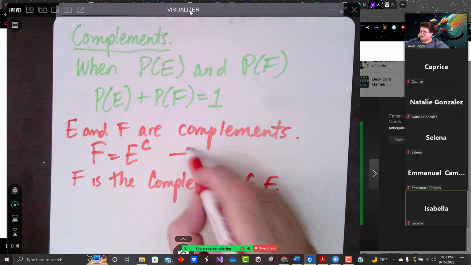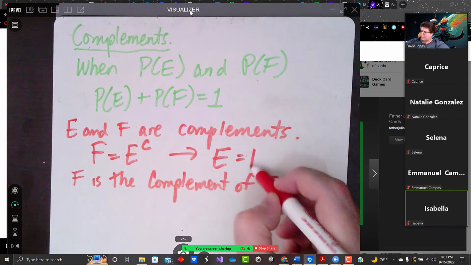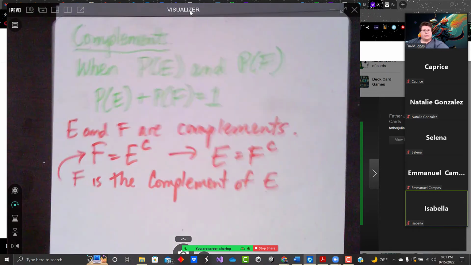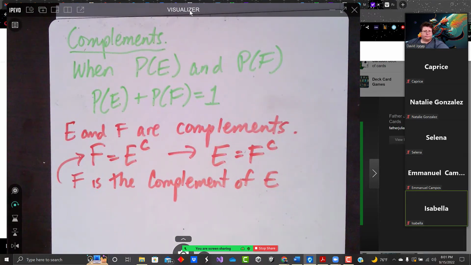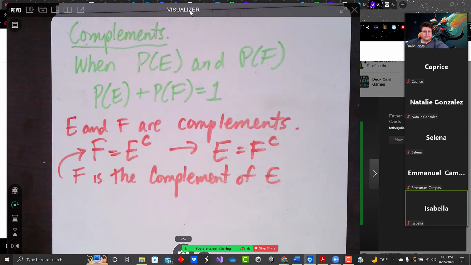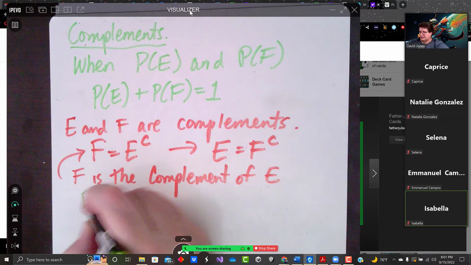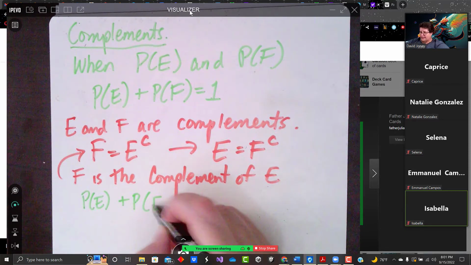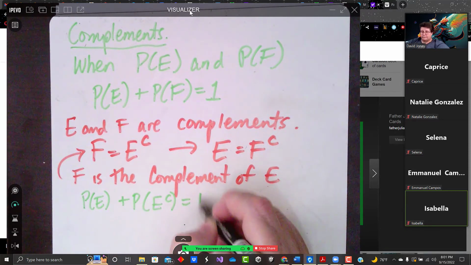And the same is true vice versa. E is the complement of F. So I could rewrite that equation up there as probability of E plus the probability of the complement of E equals 1.